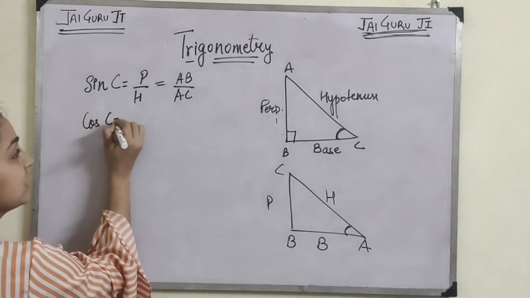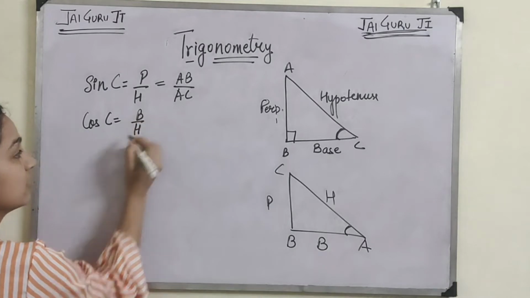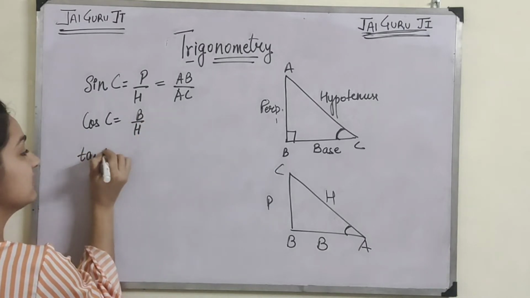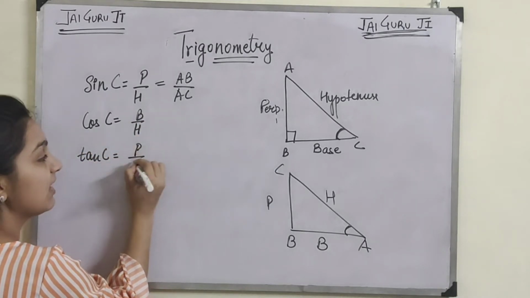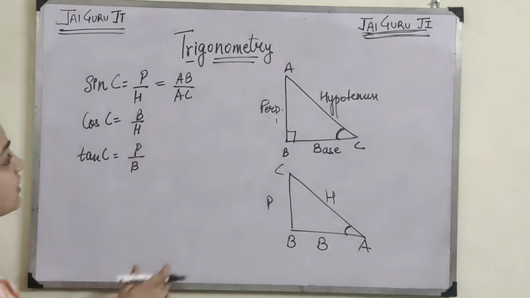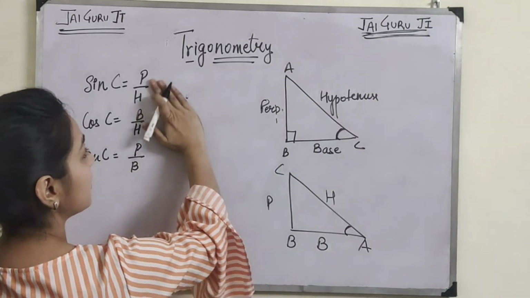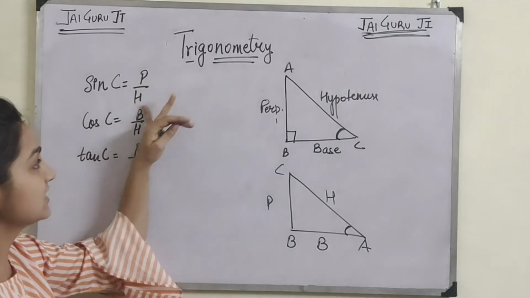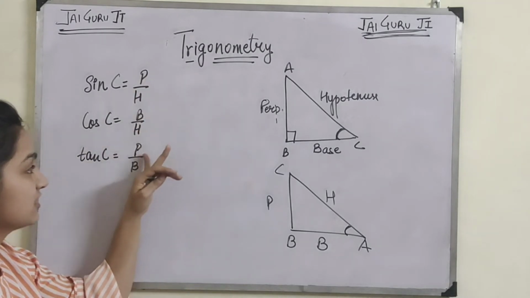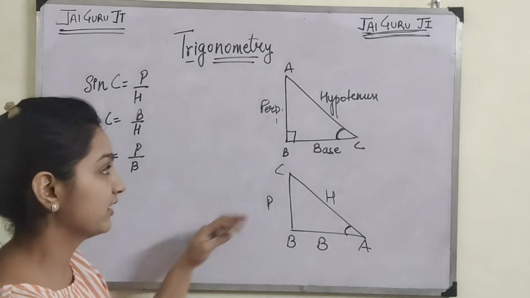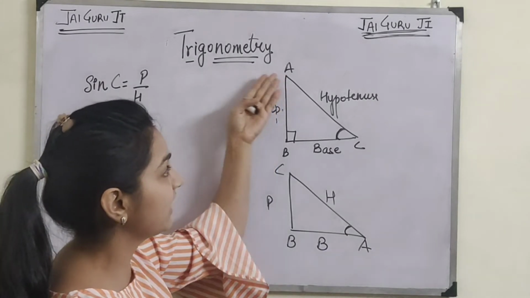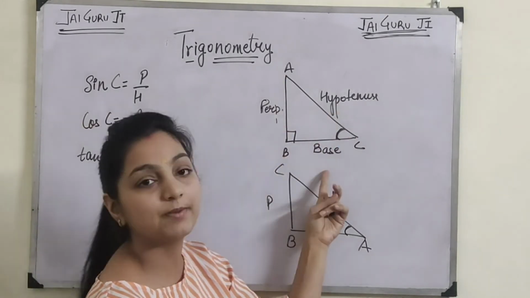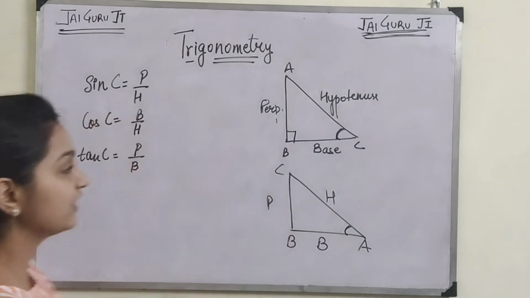Cos C, that is B upon H. We have tan C. This is P upon B. I am rubbing this one because you should be knowing it. You must have understood what is P, what is H, what is B. Because P is AB, AC is hypotenuse, BC is base, according to the figure we will take.